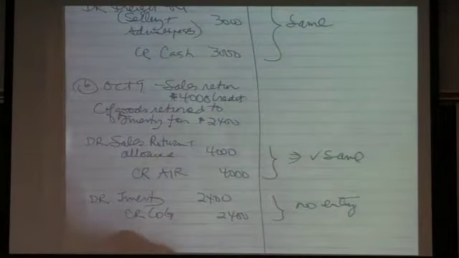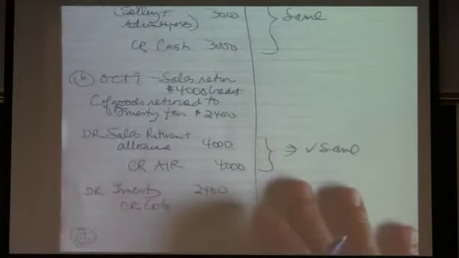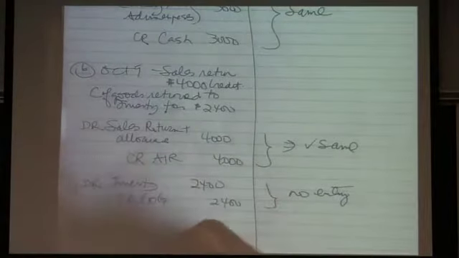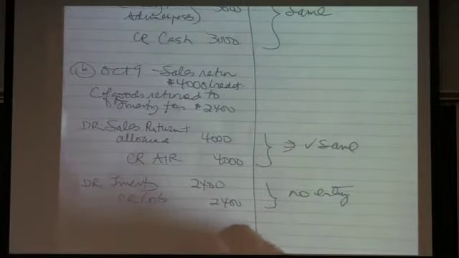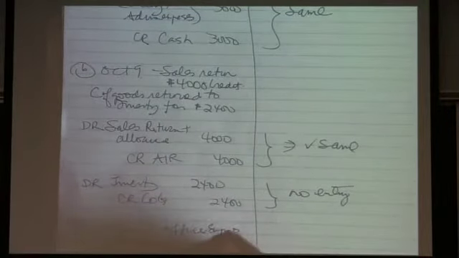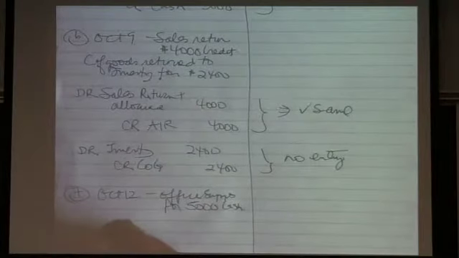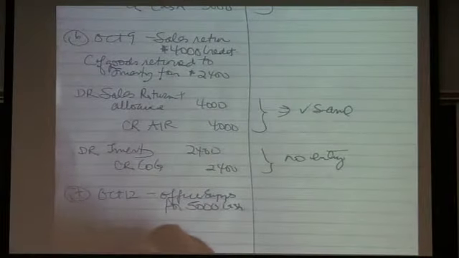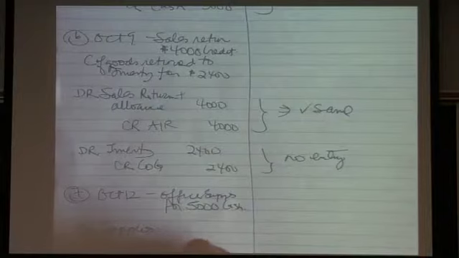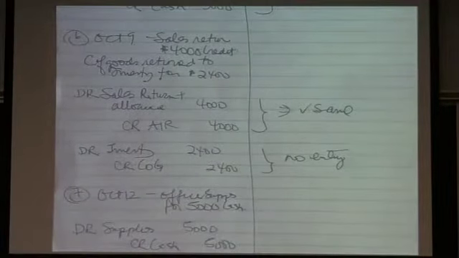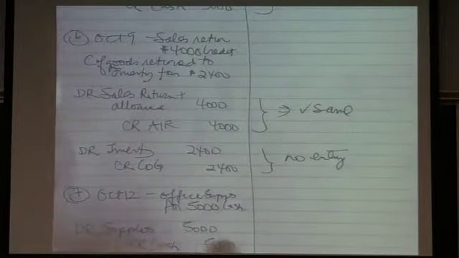Now, for number 7, we're dealing with October 12th. They purchased office supplies for $5,000 cash. So here, the entry is debit supplies and credit cash. Now, there's a couple of options. If you think you're going to utilize the supplies within the operating month, then you expense it.